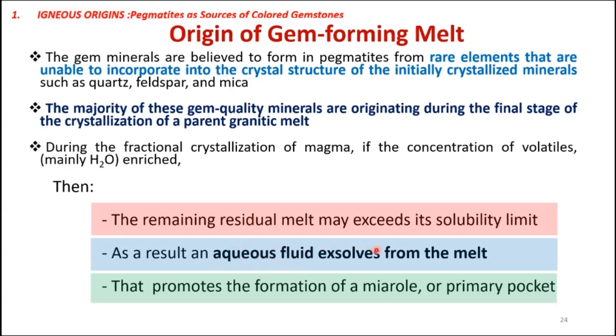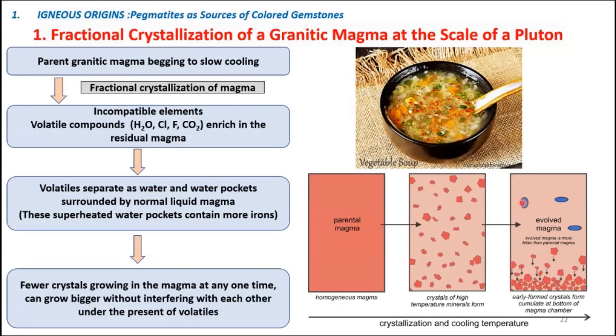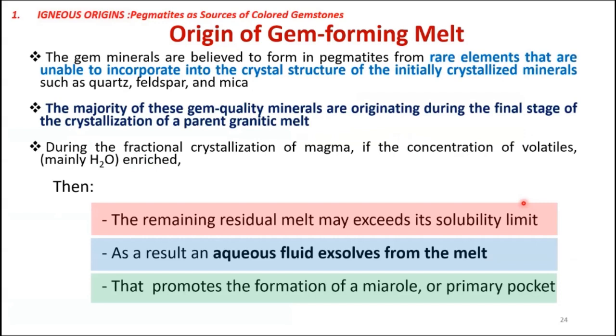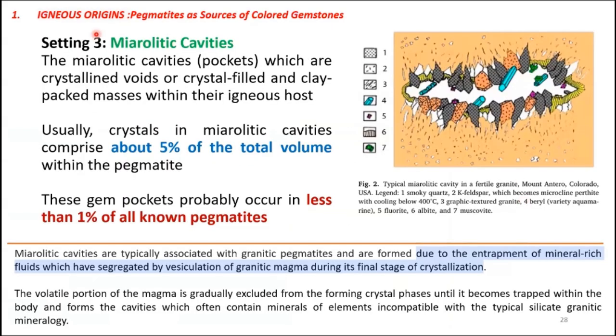So then these exhaled fluid-rich compounds contain not only volatiles like gases, water, chlorine, but also some dissolved iron and other molecules. So they can crystallize, producing minerals within these spaces. In pegmatite, we call them miarolitic cavities.